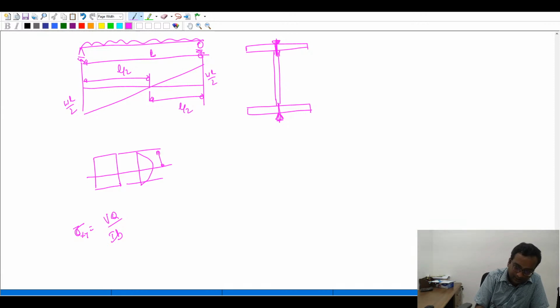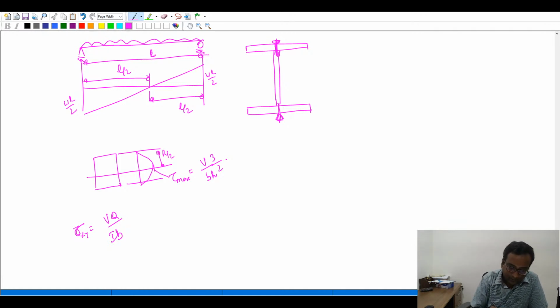This will be h by 2, and this will be 3 by 2 times V by bh. This maximum shear stress, tau max, will be 3 by 2 times V by bh.